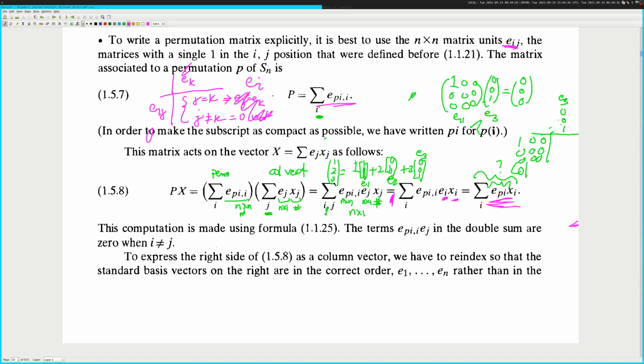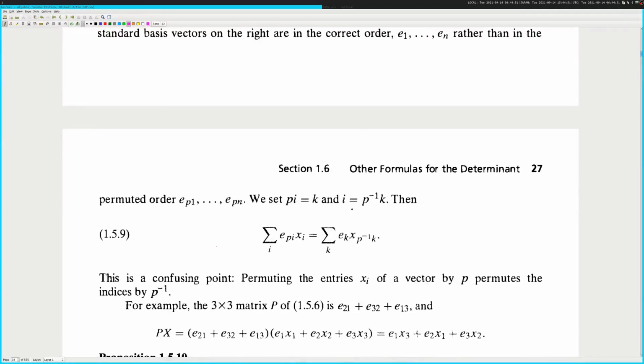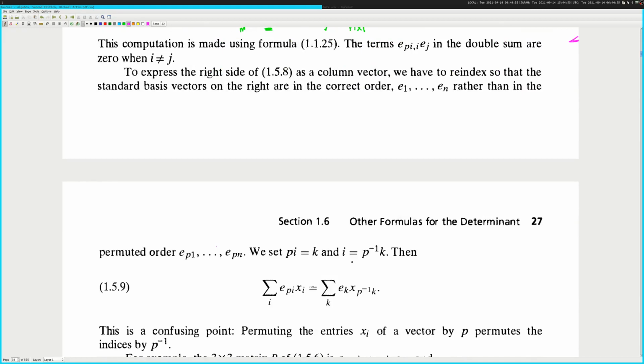To express the right side of 1.5.8 as a column vector, we have to reindex so the standard basis vectors on the right are in the correct order, E_1 to E_n, rather than in the permuted order E_{P(1)} to E_{P(n)}. We set P(i) equals k and i equals P inverse of k.